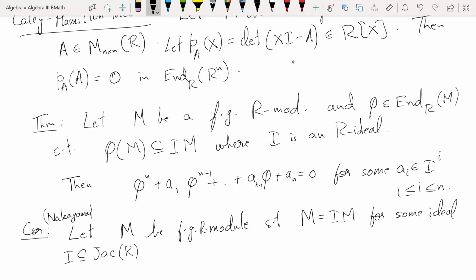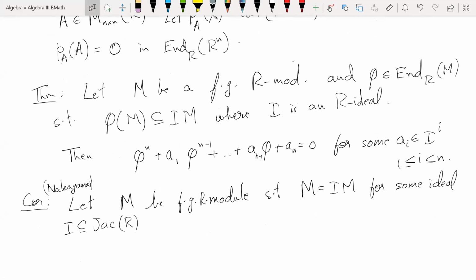Actually, that's where Nakayama's lemma is used most, so I'm not giving too much credit to this generalization. That is the version which is most useful. If R is a local ring, it says that M equals IM, or maximal ideal times M, so you can take I to be the maximal ideal. So such that M equals IM for some ideal I in the Jacobson radical of R, then the conclusion is that M is 0, the zero module.